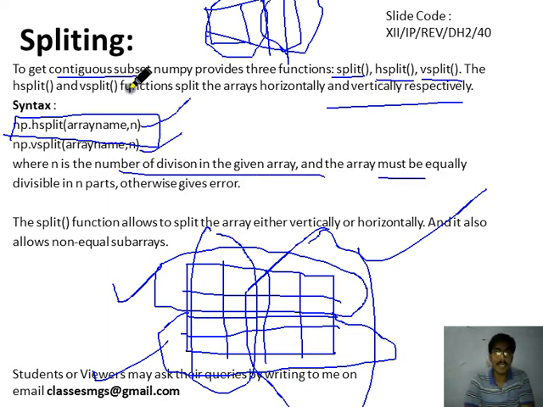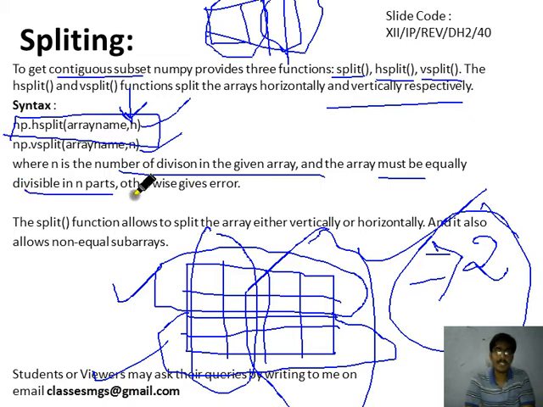We will pass n as an argument to specify into how many parts to split. Let's suppose in this example we are splitting horizontally or vertically into two parts, this numpy array into two parts. So keep this in mind. Here n is the number of divisions in the given numpy array, and the array must be equally divisible into n parts.